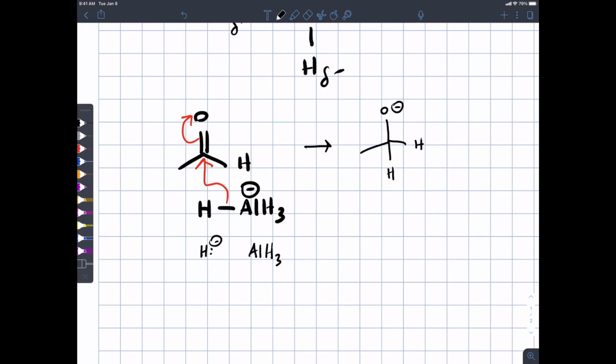But H minus is a terrible, terrible, terrible leaving group, so that doesn't seem reasonable. So what's likely happening is it's a direct handoff of hydride from the aluminum to the carbon. The hydride never becomes H minus on its own per se, it's just directly handed off. All right? Is that okay? Anything you want to ask about that?